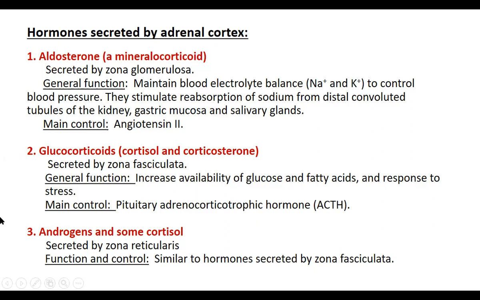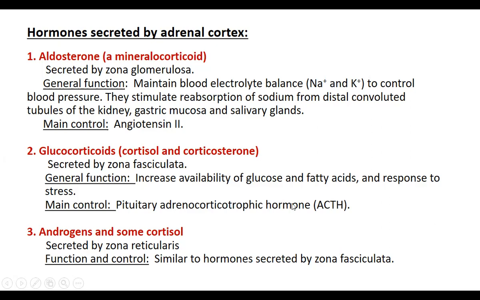The third hormones secreted are the androgens and even some cortisols, which are secreted by the deepest zone in the cortex, the zona reticularis. What is the function of this? It does a function similar to that of the zona fasciculata.